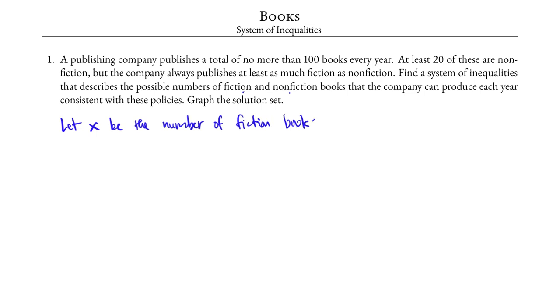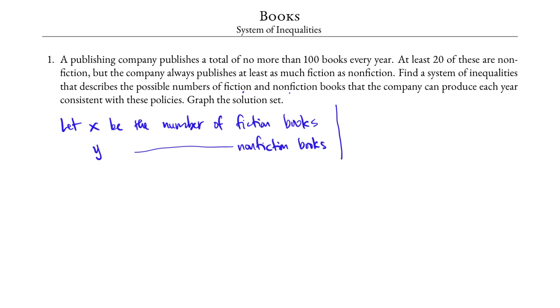We have to be specific here. x is not fiction. x is the number of fiction books, and y be the number of non-fiction books. And again, y is not non-fiction books. y is the number of non-fiction books.